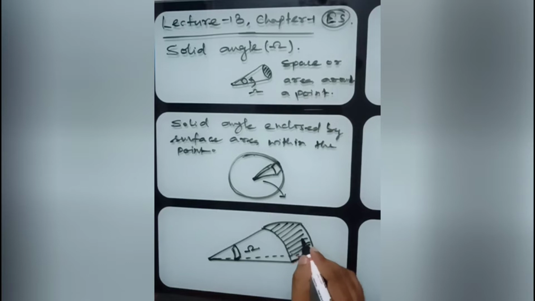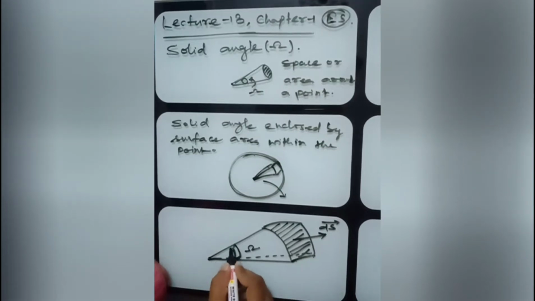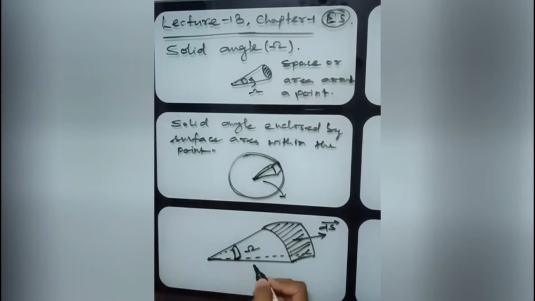This surface area can be represented by the elemental representation ds, the elemental surface area. Around this point we are obtaining the solid angle, omega.